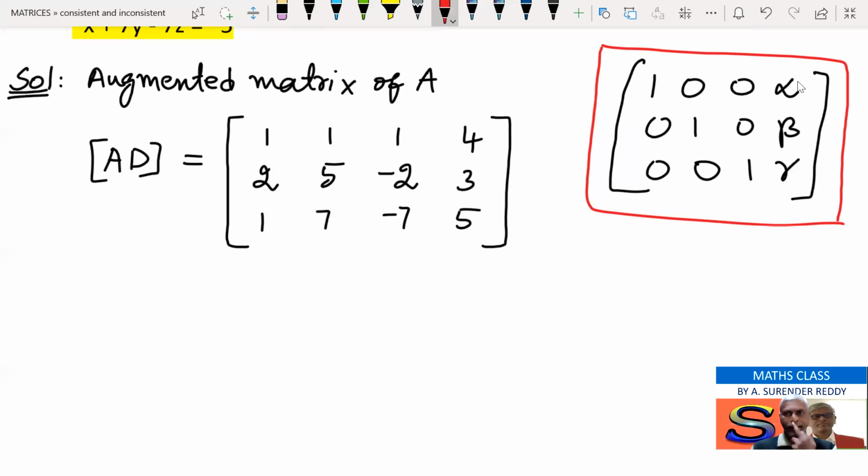This alpha will be the x value, this will be y and this will be z. So now let us convert this into this form.